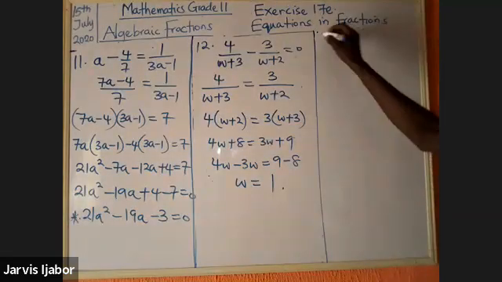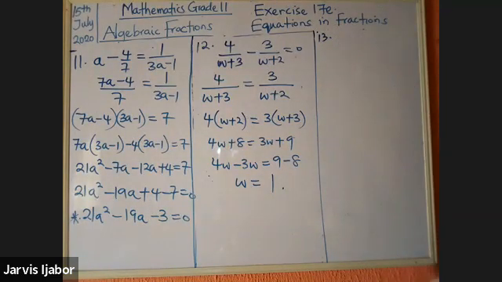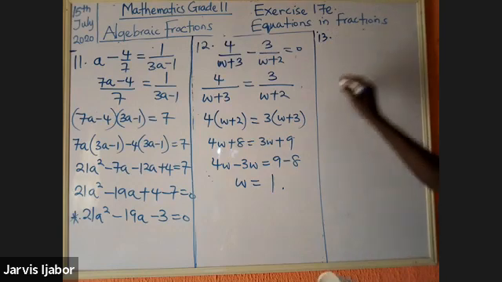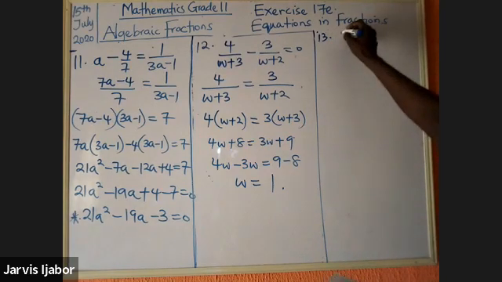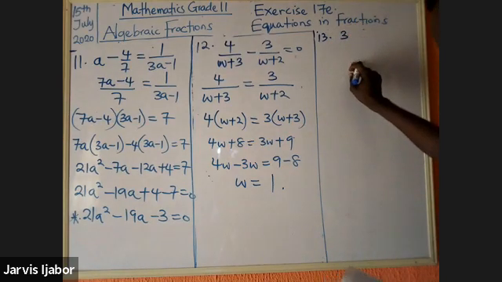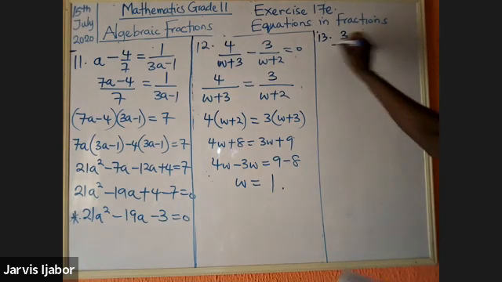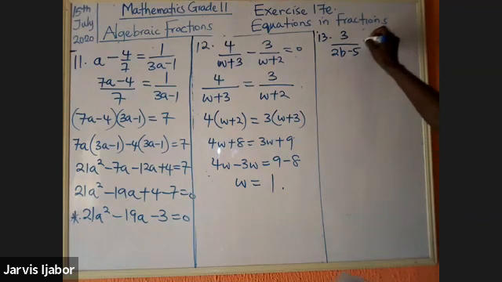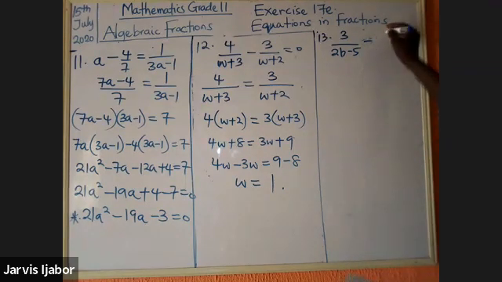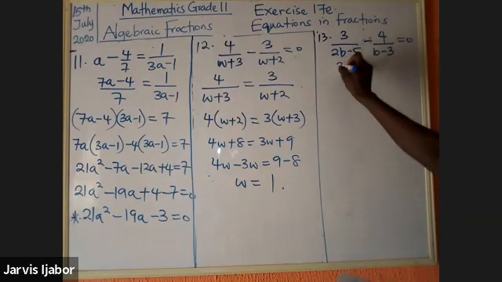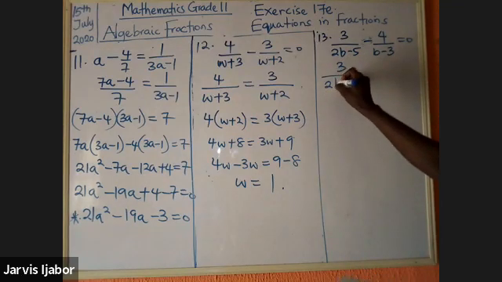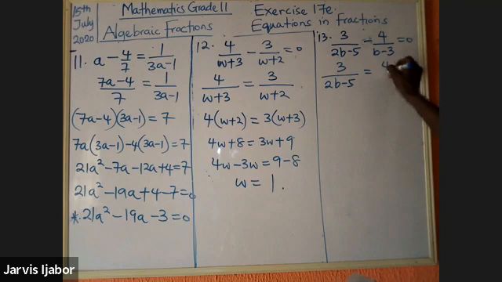So in question 13, you have the same approach. 3 over 2b minus 5 minus 4 over b minus 3 equal to 0. So this will give me 3 over 2b minus 5 equal to 4 over b minus 3.